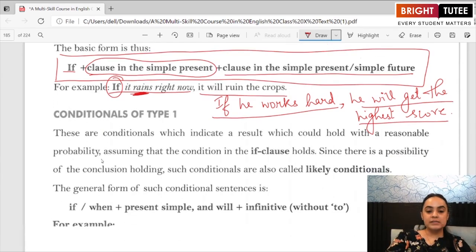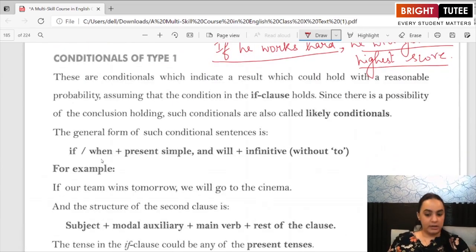Now comes the conditionals of type 1. What are the conditionals of type 1? These are conditionals which indicate a result that holds a reasonable probability. The result can hold with a probability, assuming the condition in the if clause holds.